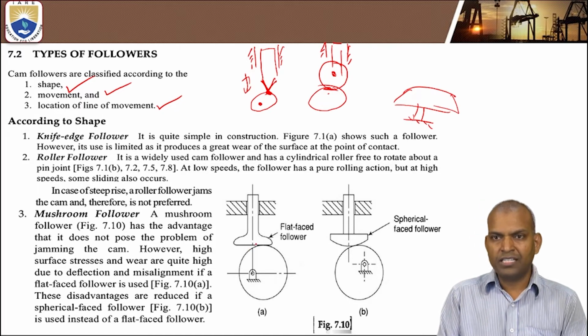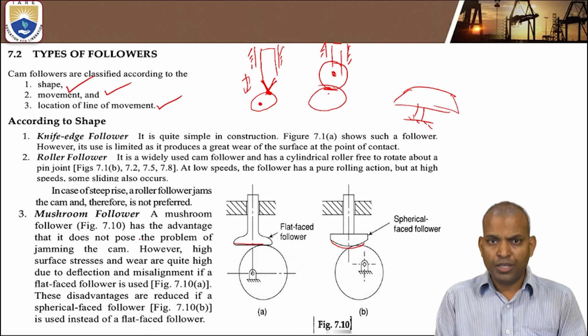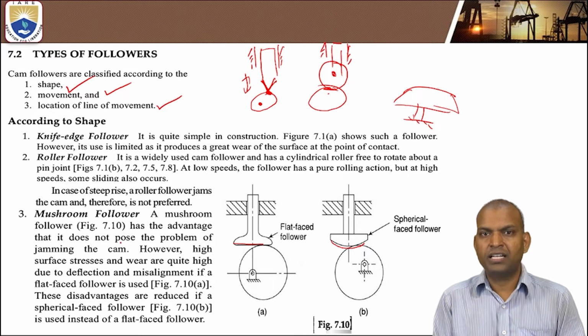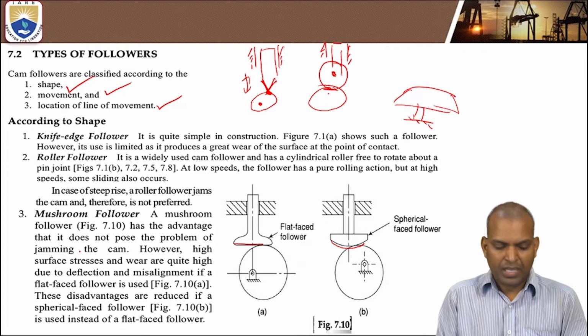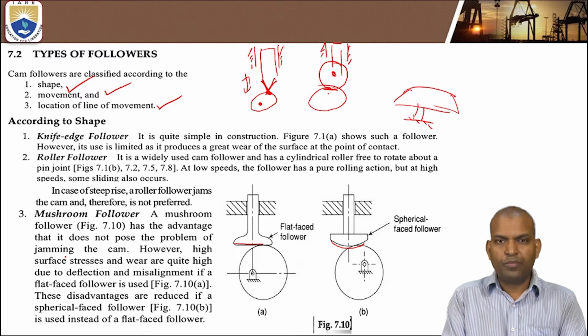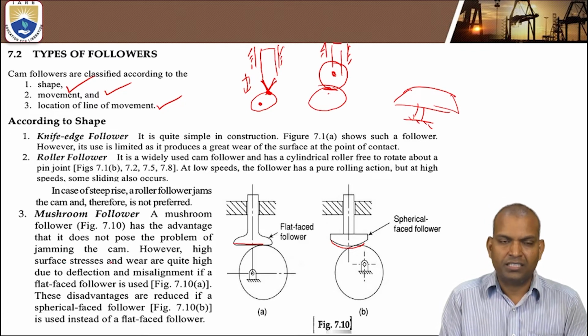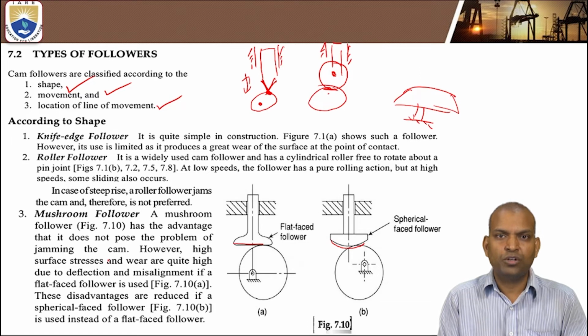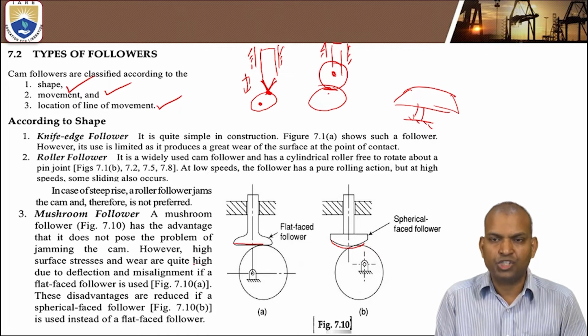The shape is a flat face, but here it is a spherical faced follower. So what is the advantage of a mushroom follower? It does not pose the problem of jamming the cam, as occurs in the case of the roller follower.